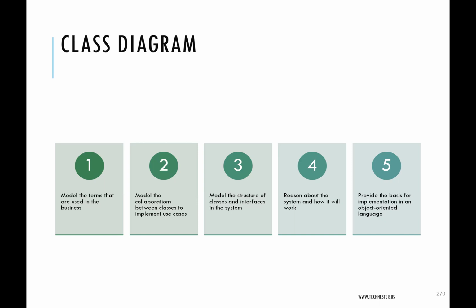But class diagrams are the closest models to programming languages, and so they can provide that basis for implementation using an object-oriented language. You can translate your class diagram to what are called object diagrams or directly to code.